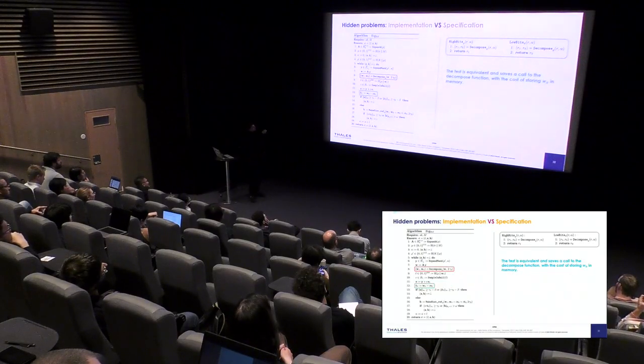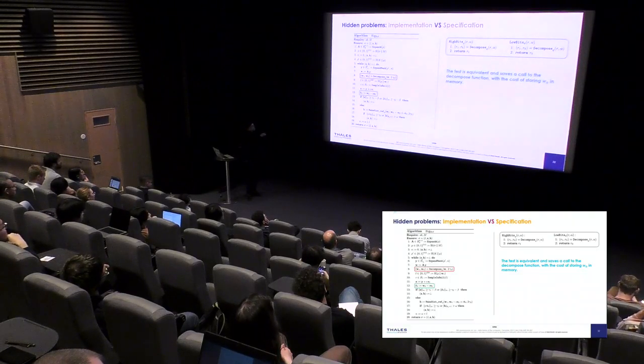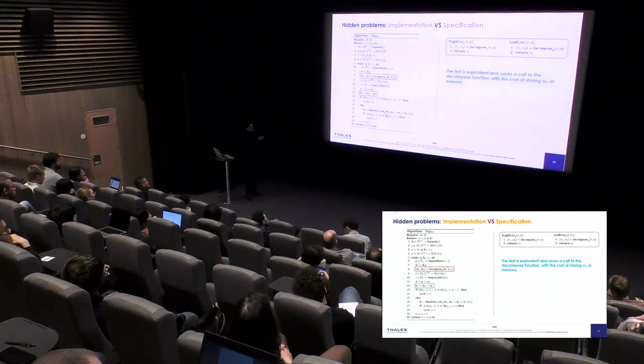So in this equivalent version of Dilithium that I named SIGREF, for signature reference implementation, we keep W0 in memory, and the authors of Dilithium explain how to do equivalent tests in the rejection sampling, but without using the decompose function twice.